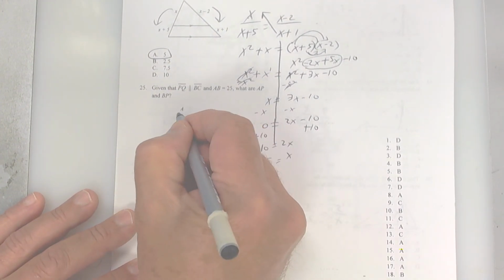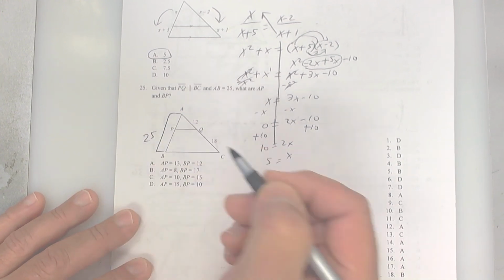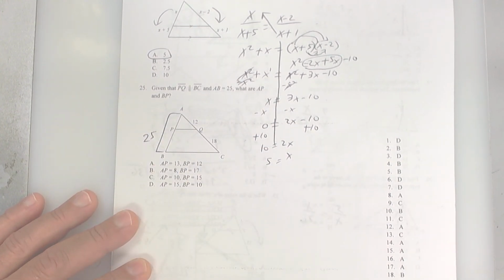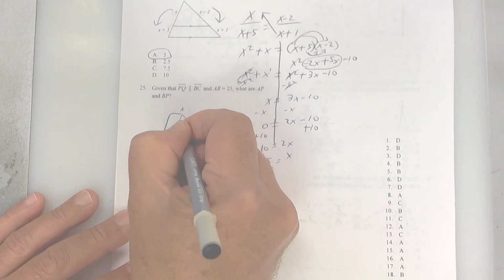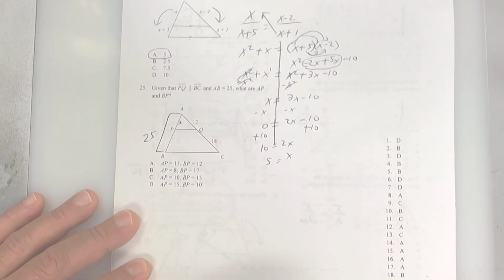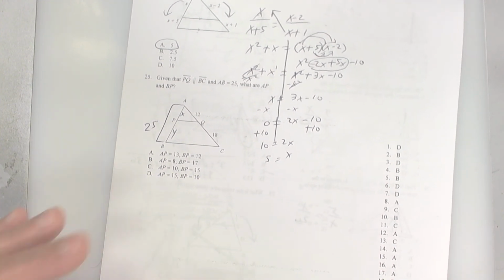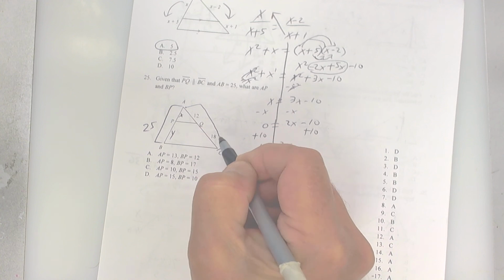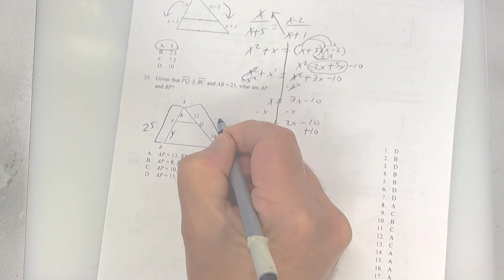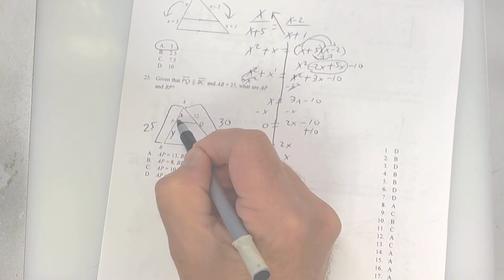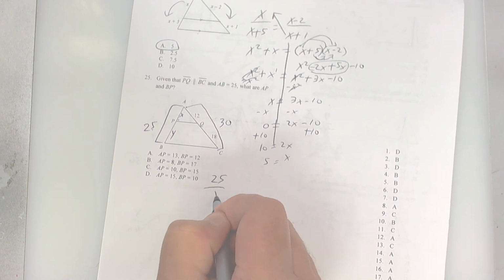AB, that's the whole thing. So AB is 25. What are AP? So you're looking for that one. And what is BP? You're looking for that one. Okay. So what I would do is the whole thing here, you got to add these up. That looks like 30. So I'm going to do the whole thing over x. So 25 over x.